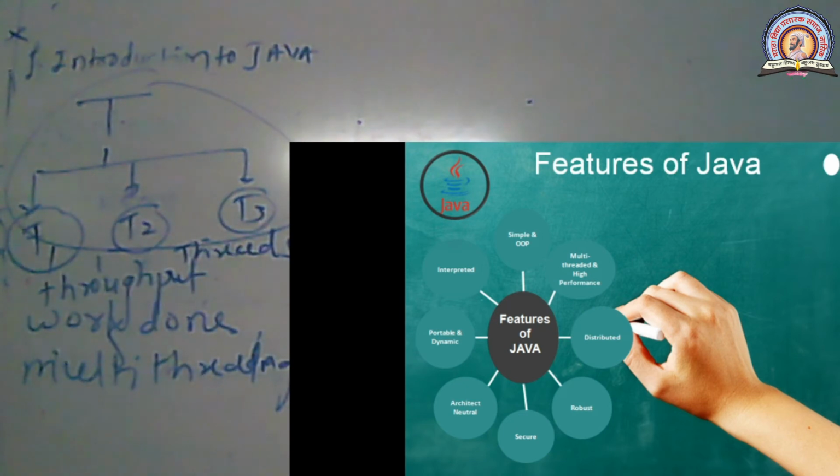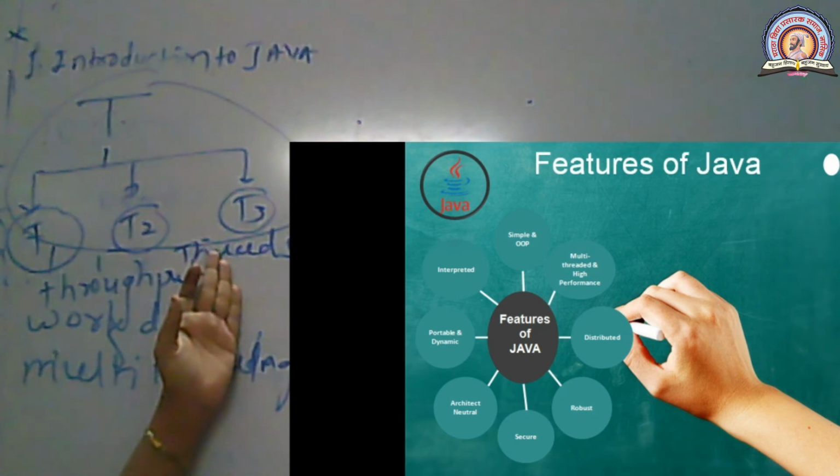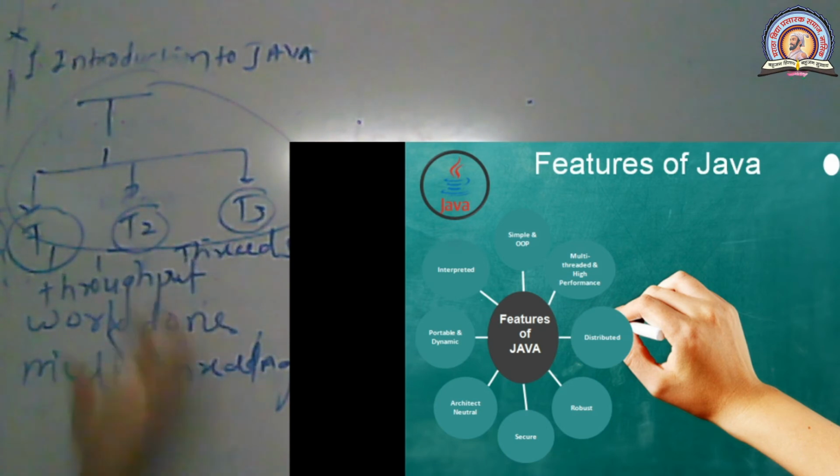These are the lightweight processes. Or simply, you can remember those are called threads. These threads will be executed independently and in parallel. In this way, the task will be executed in less time.